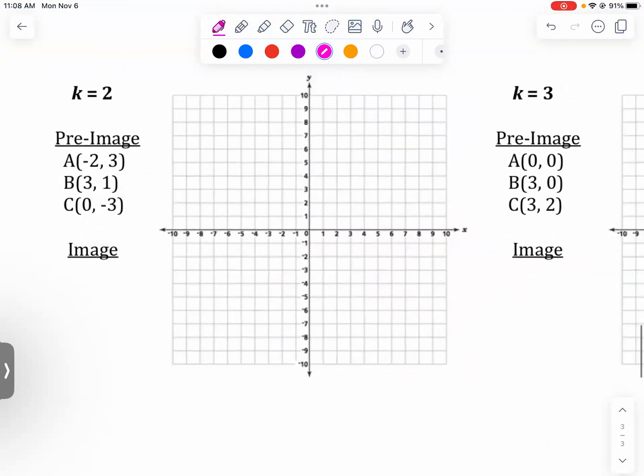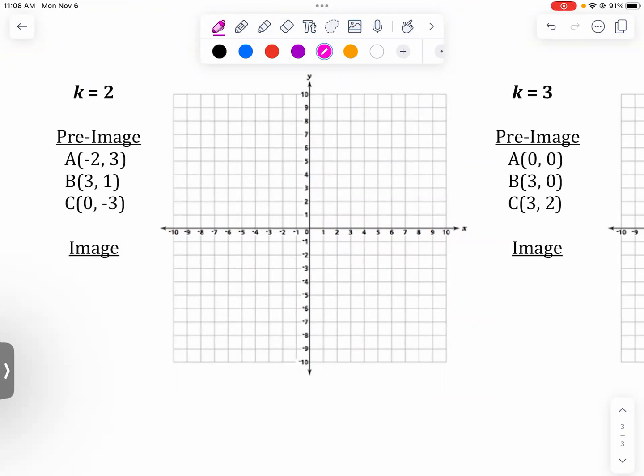So let's go ahead and go to this first problem, and I want you to take a moment to plot the coordinates ABC.